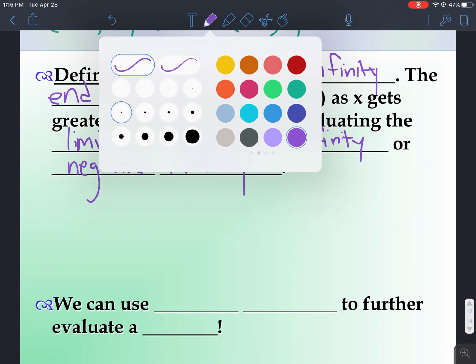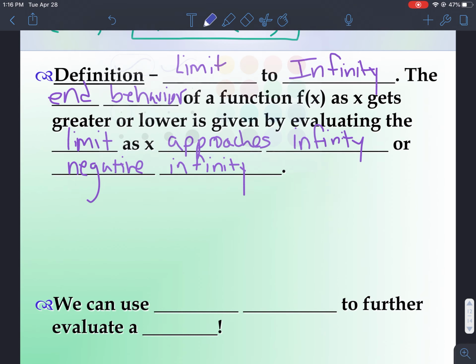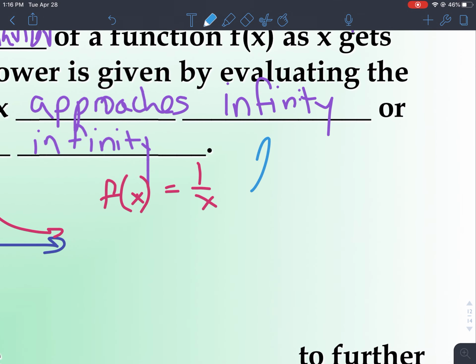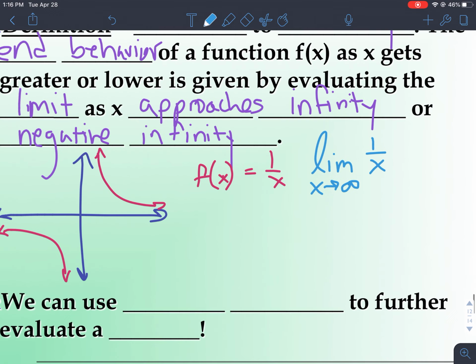Let's take a look at a small example. Hopefully it will serve as a reminder. Here is the graph of f of x equals 1 over x. So, the limit of 1 over x as x approaches positive infinity.